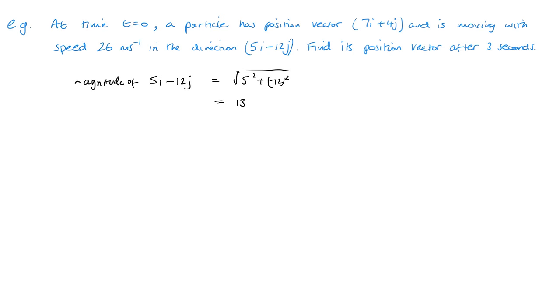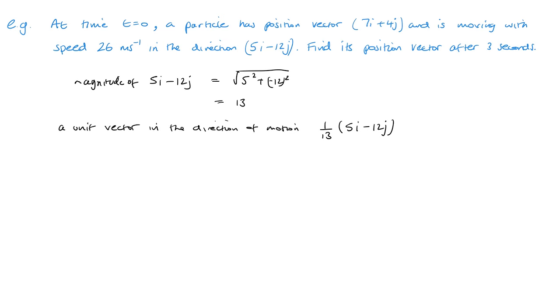So a unit vector in the direction of motion will be 1 over 13 times 5i minus 12j.